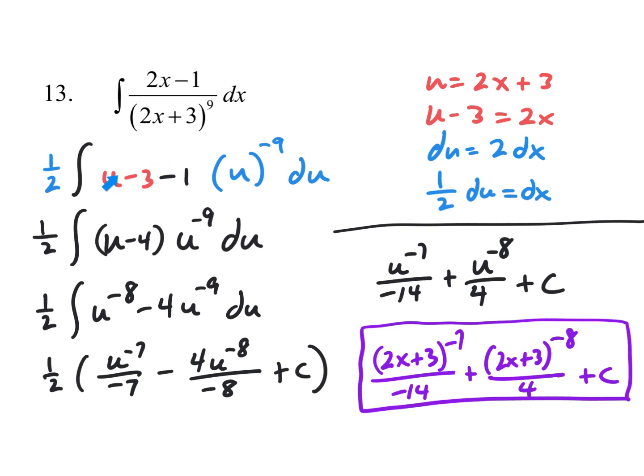So all I did here is I simplified, then I distributed, just like we did in the last problem, and then I did the regular power rule. That half is still hanging around. I distributed it here, and then we resubstitute it back in.